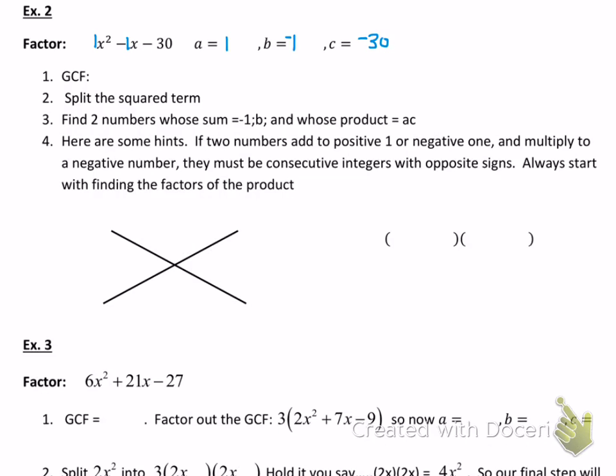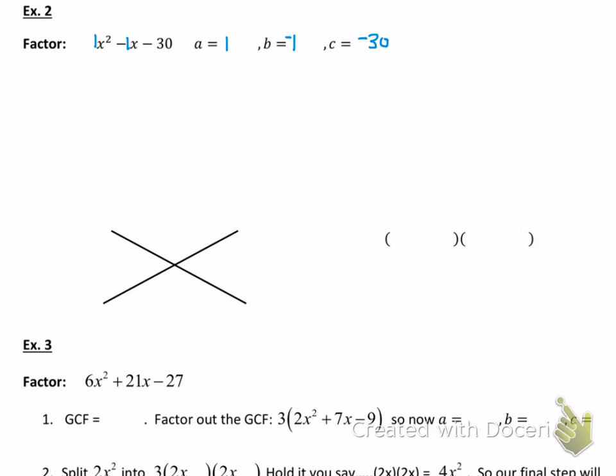Okay, again, I'm going to erase all of this stuff. So again, my two binomials here, I need something times something to give me x squared. So I know for sure that's going to be x times x. Okay? Now, I need a product of negative 30, but a sum of negative 1.